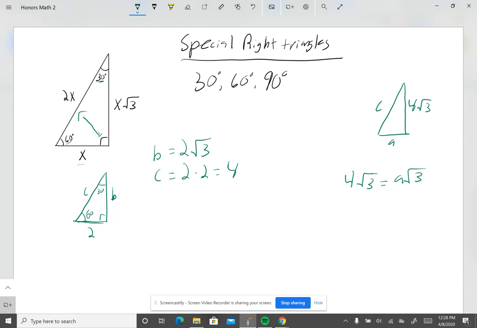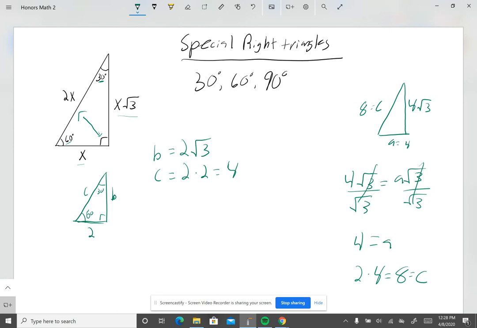We know that from over here. Then we can set these equal and solve for A. So to solve for A, we would just divide by the square root of 3. These would cancel. And so A is 4. And then once we know A, we know that C is just 2 times A. So 2 times 4 equals 8, which is C. Okay. So that's another example.